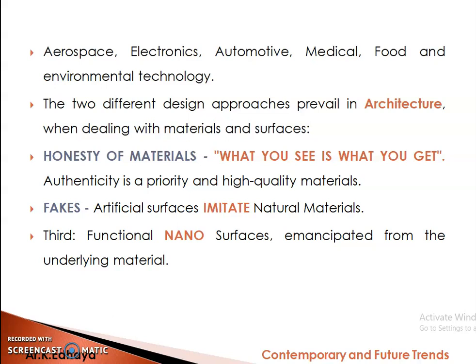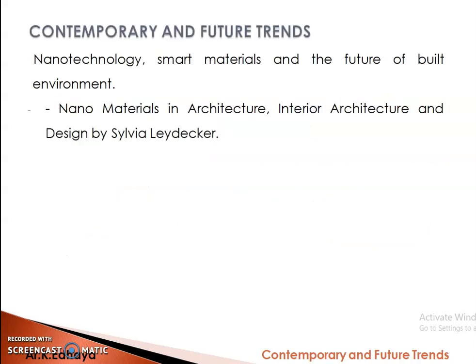Then we have the third kind of material, where nanoparticles are used, and the nano surfaces have both the external view as well as the internal quality of the original materials. So this is how nanotechnology is influencing architecture.